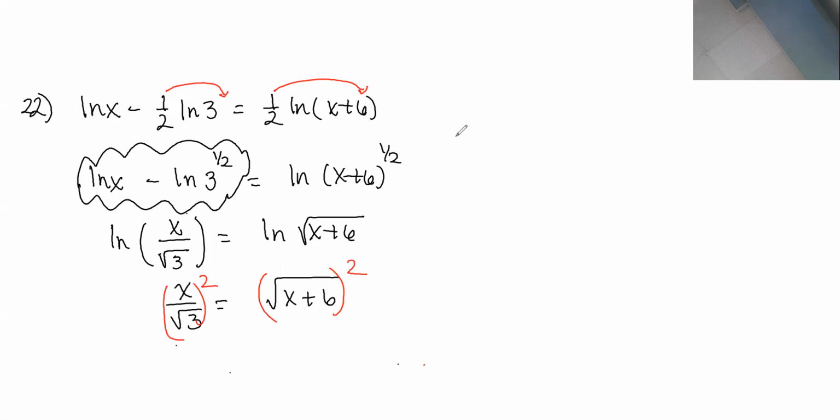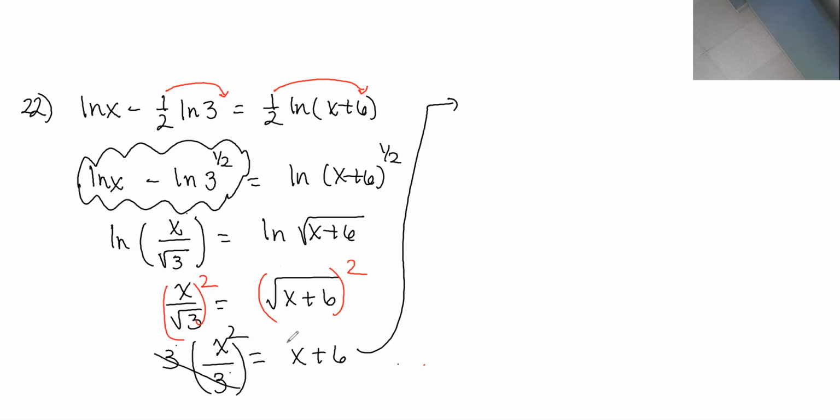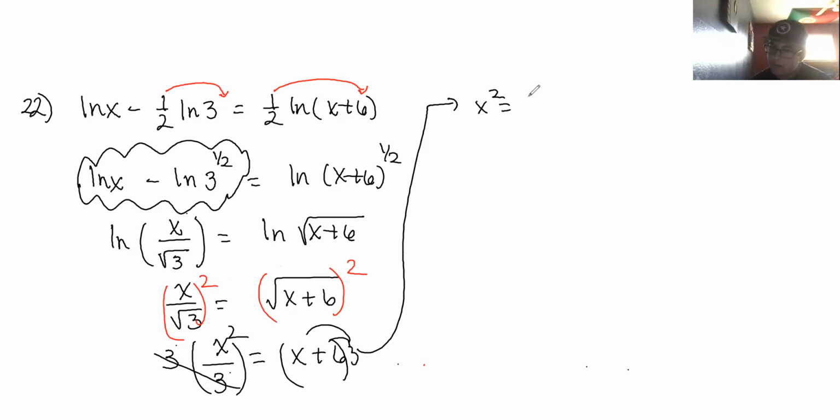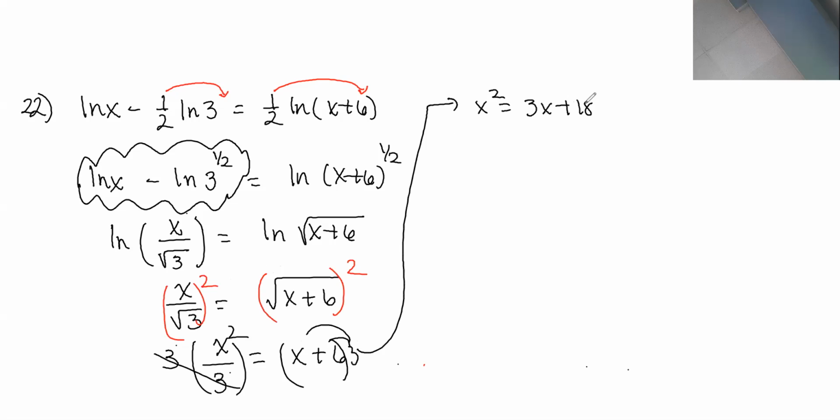And that gives me x squared over 3, because root 3 squared is 3, equals x plus 6. Multiply both sides by 3, and what does that give you on the right-hand side? 3x plus 18.